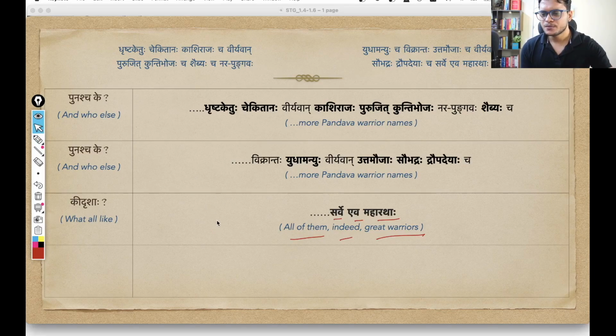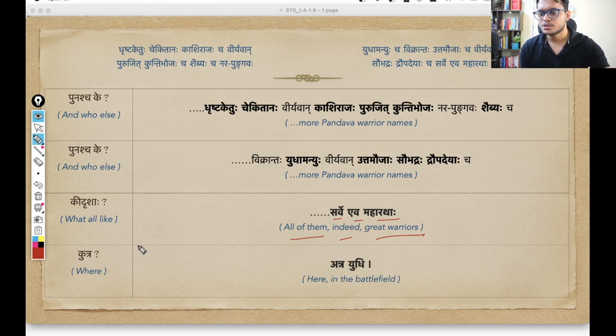So anyways, I think we have covered the entire verse. The last thing that remains is kutra, where. So we saw all the names of the different warriors. Sarve ev Maharatha. Duryodhana is saying that all of them indeed are great warriors. And then lastly we can incorporate another question, kutra, where, and the response will be atra yudhi.